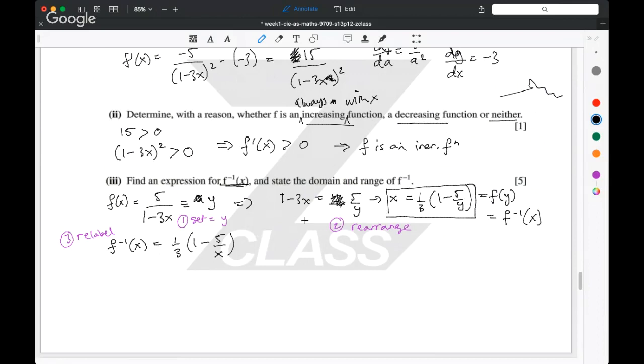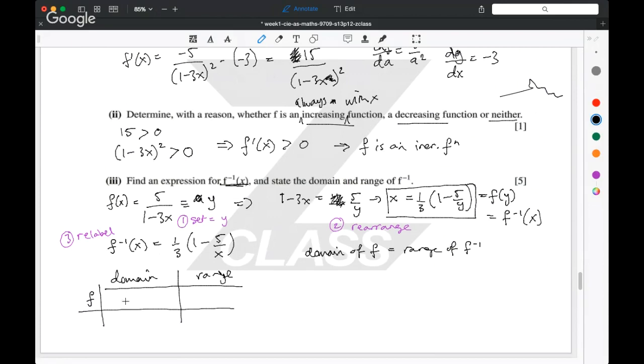And now they want us to find the domain and range. So we know that the domain of f is equal to the range of f to the minus 1 and vice versa. So I'll write a little domain and range of f.